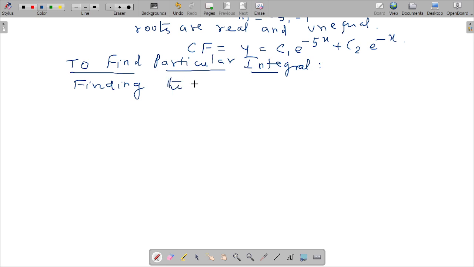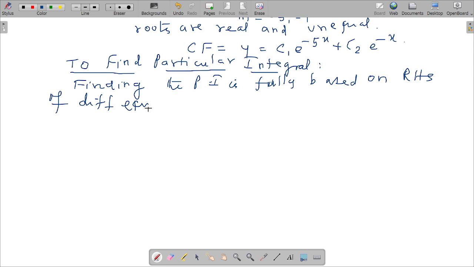Finding the particular integral is fully based on the right hand side of the differential equation f of D y equal to f of x. So what is the right hand side here? The right hand side is f of x.